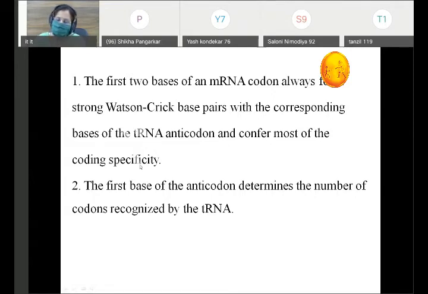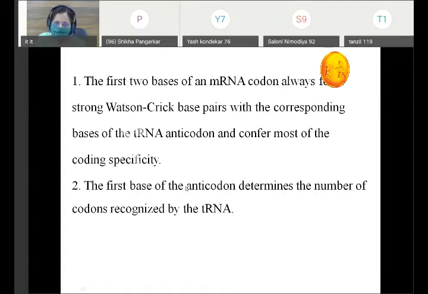So the first two bases on mRNA will bind with the second and third base pairs which are present on tRNA.